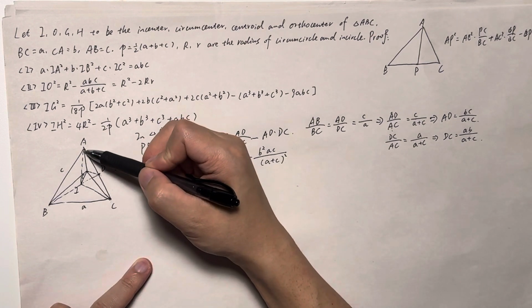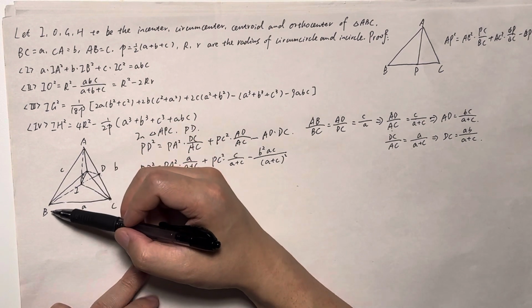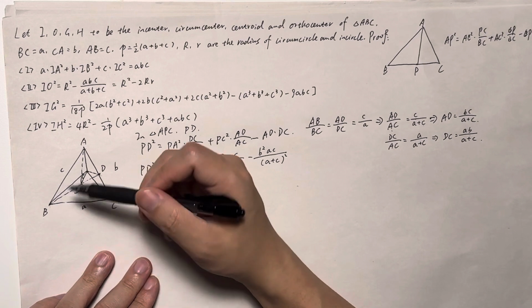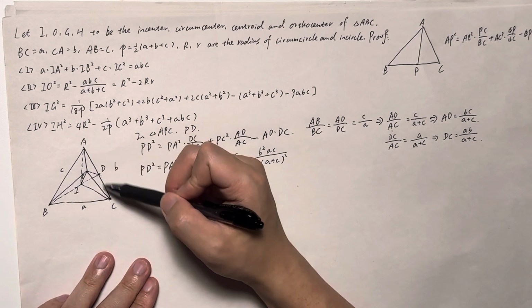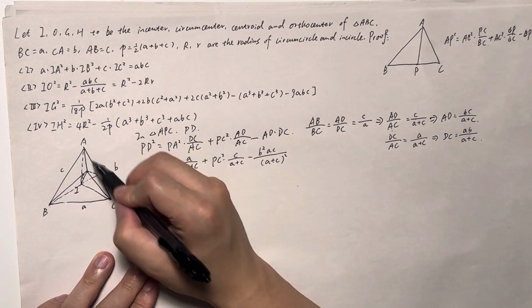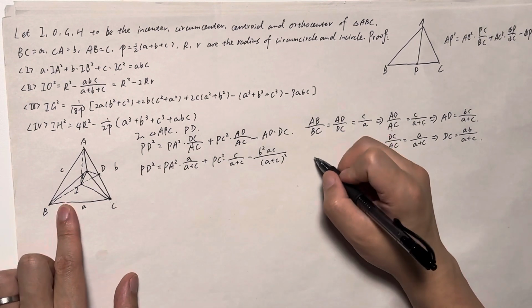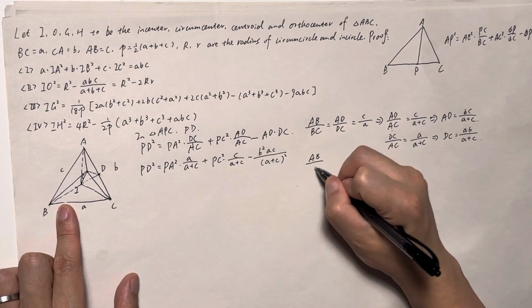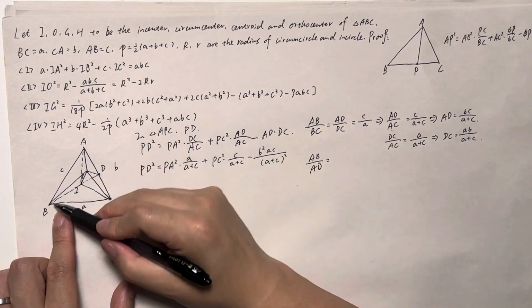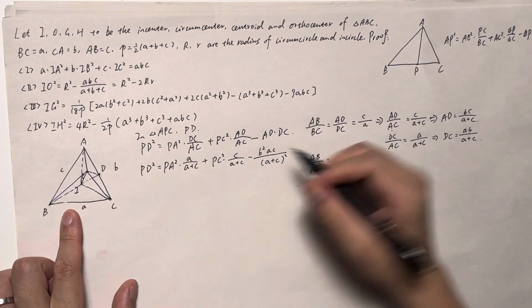Notice that AI is the angle bisector of angle BAC, or BAD, which means AB to AD equals BI to ID.